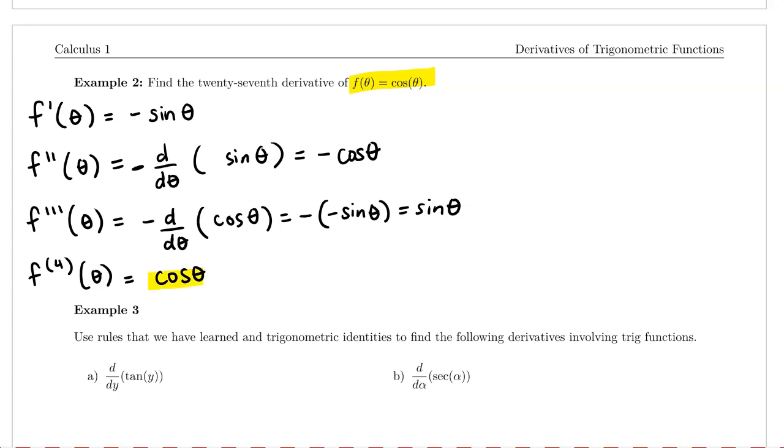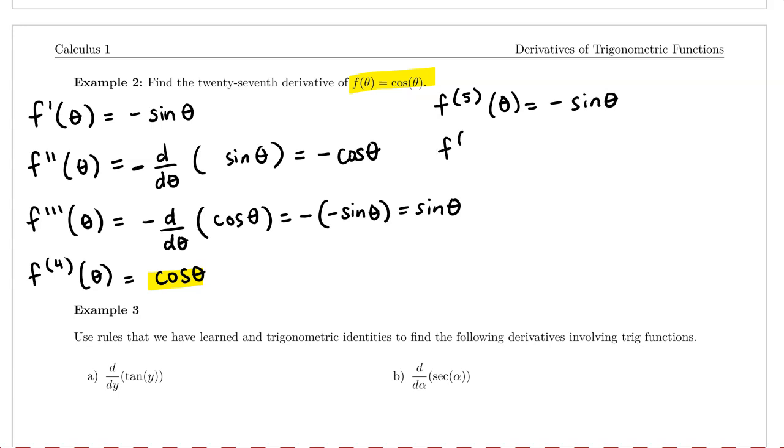Notice that. So if I were to take the fifth derivative, the derivative of cosine of theta, we've already found that in the first derivative, so we get negative sine of theta.